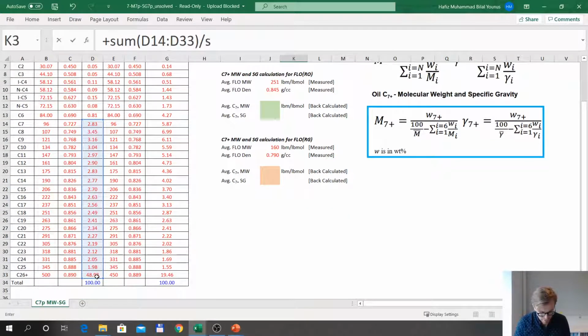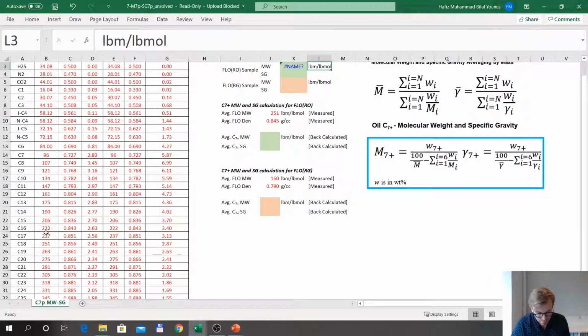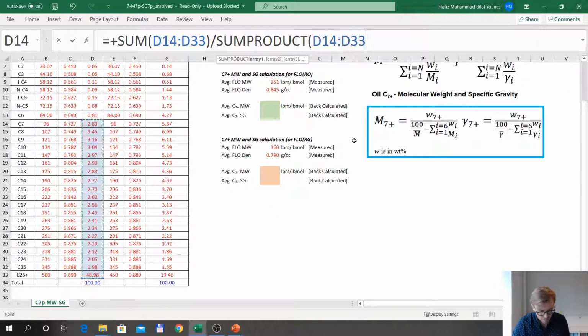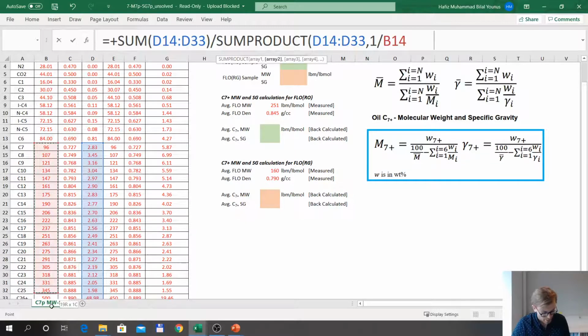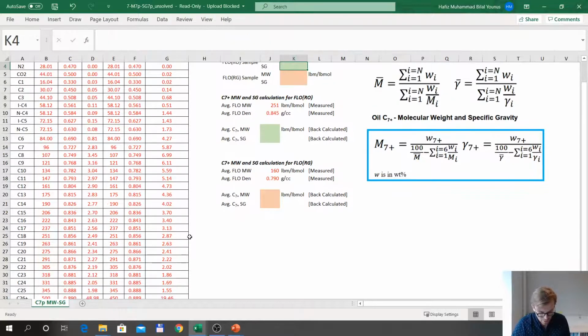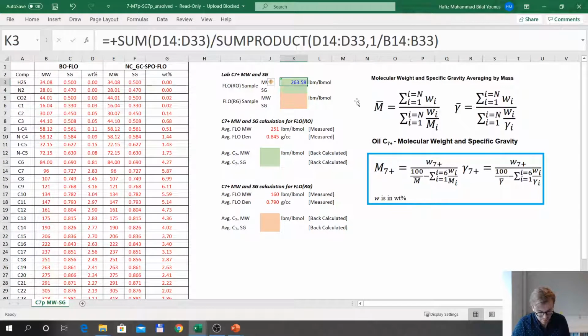We're going to divide that by the sum product of the same compositions, but we also need to multiply with 1 over the molecular weights of each of those components. Perfect, and we get 263.6, and we're going to compare this number to when we actually use the measured values a little bit later.